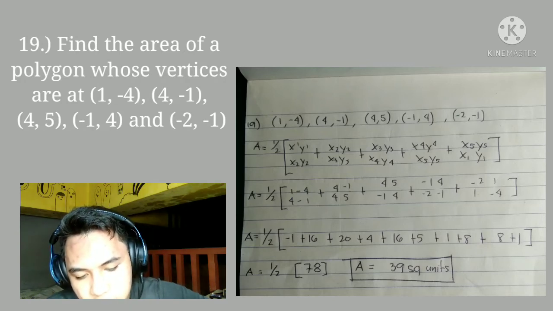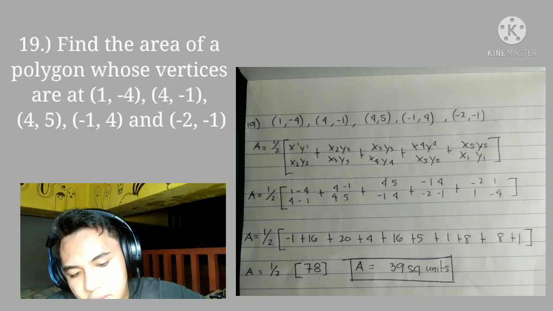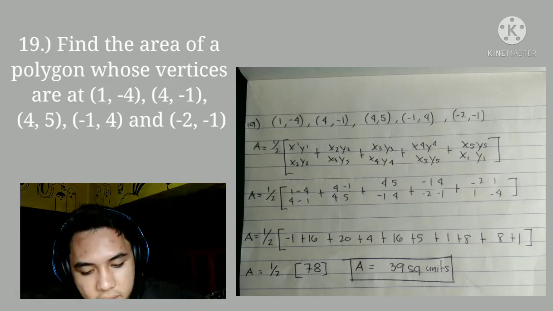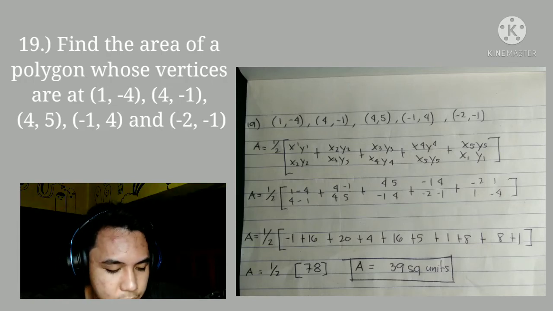And lastly, we have x sub 5 and y sub 5, and x sub 1 and y sub 1, which is negative 2, negative 1, and 1, negative 4.